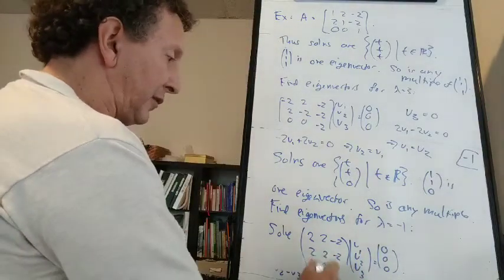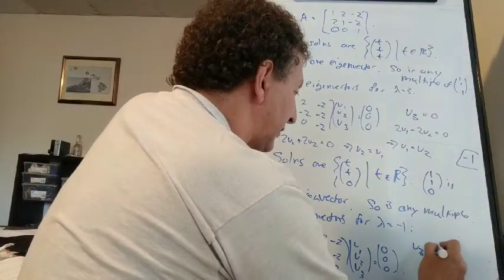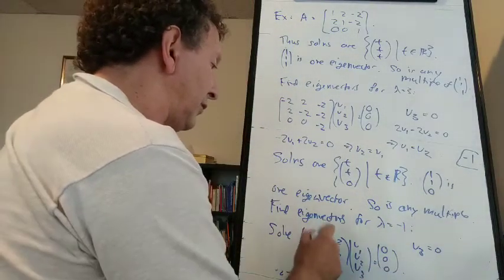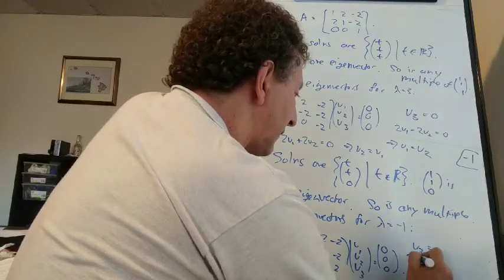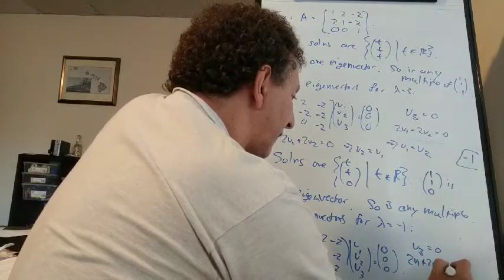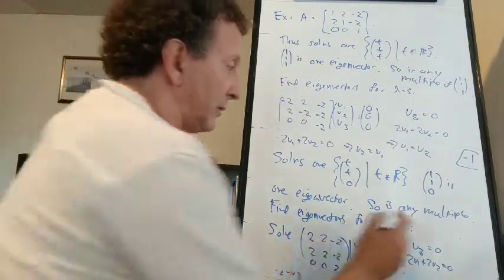And again, we've got 2v3 equals 0, so v3 equals 0, and then 2v1 plus 2v2 equals 0, which means that v1 equals negative v2.